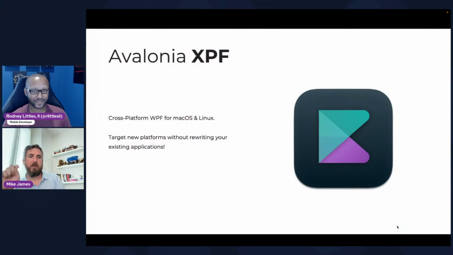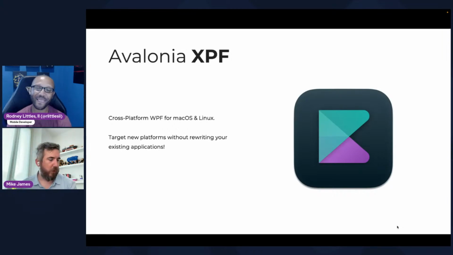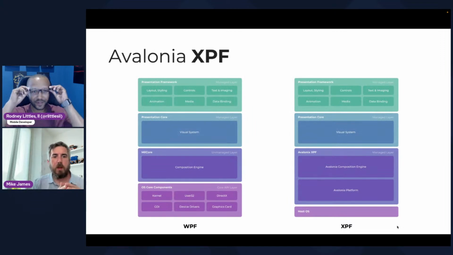So we created something called Avalonia XPF. We forked WPF and we enable WPF applications to run on macOS and Linux today, and we'll be adding iOS, Android, and WebAssembly next year. And we're also going to be adding Vision OS, so you'll be able to run this on your new Apple headset. On my glasses. Yeah.